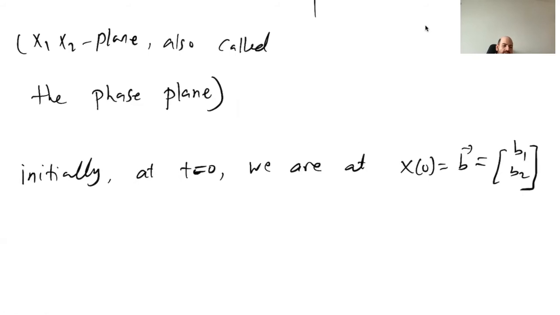If you imagine a particle at t equals 0, located at b1 and b2, and I know the direction of its velocity, I can estimate the location of the particle at t equals 1.